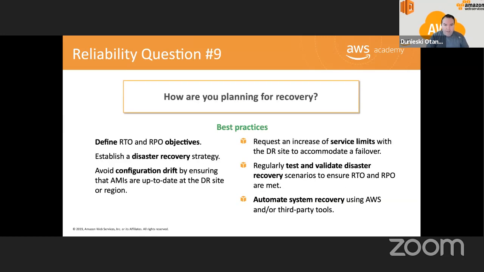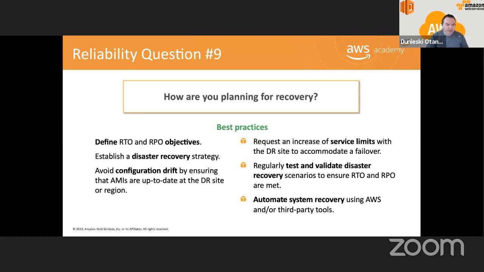Okay. How are you planning for recovery? Define RTO and RPO objectives. That's something that, like I said before, you have to sit down with the architects of the company, because they have solutions architects, developers, architects. And you have to sit with them because you are the expert in the cloud, right?